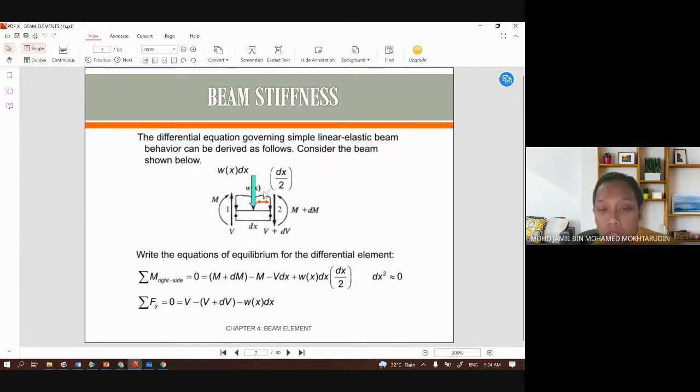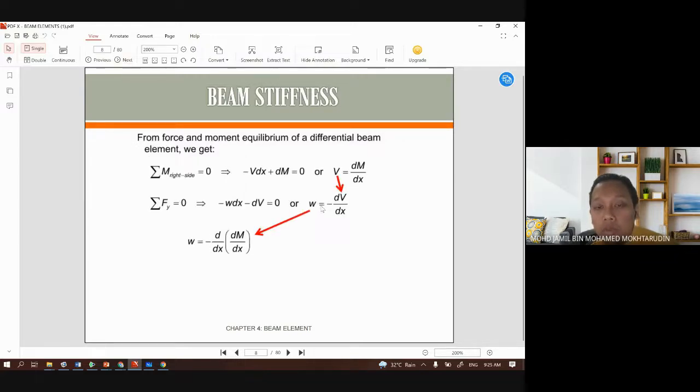Okay, so W here, behind the green arrow, is the distributed load applied on the small element of the beam. So the distributed load W equals the negative of the differentiation with respect to x of the shear force. So we can substitute V with dM over dx.